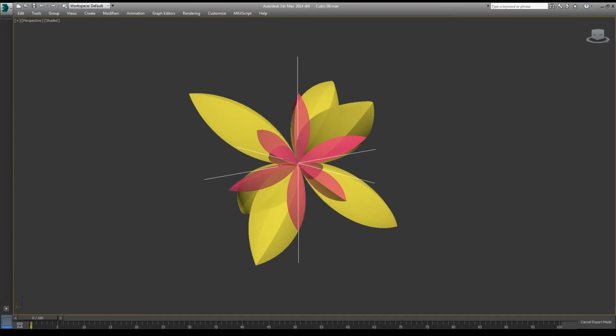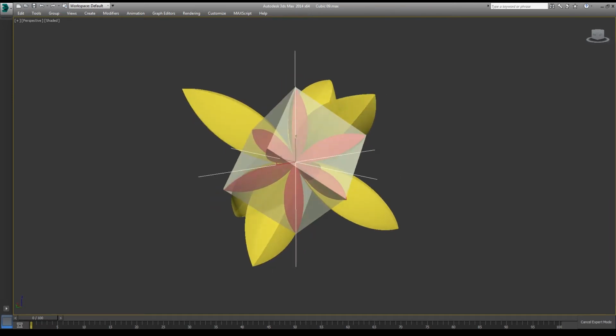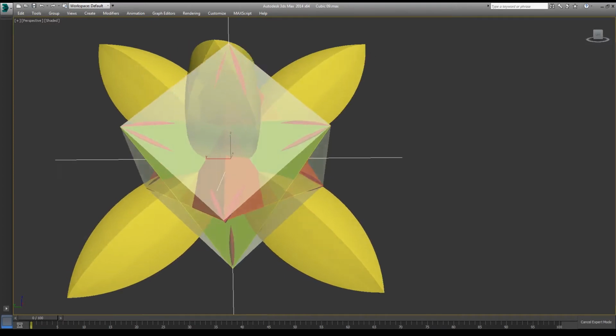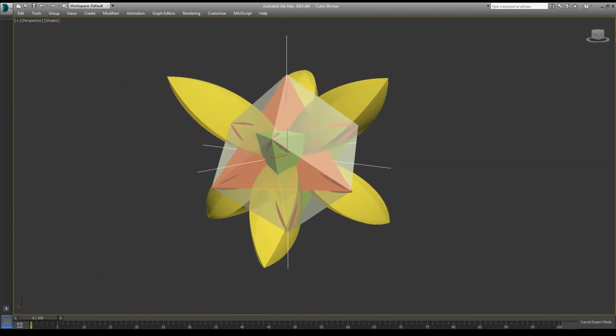we could look at that either as another cube or as a star tetrahedron pattern sitting inside there. So again, we're looking at another level of geometric possibility in here.